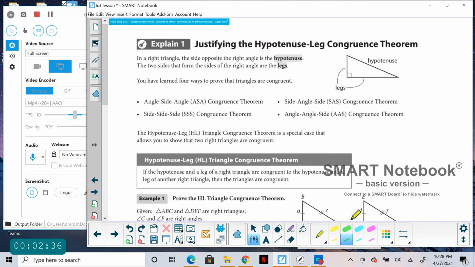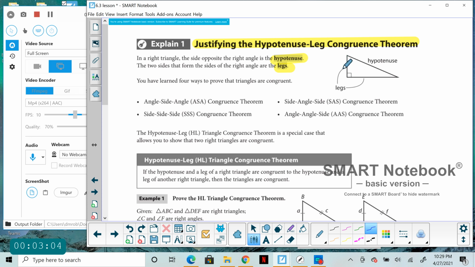So we have the hypotenuse leg congruence theorem, and in a right triangle we have special names for the sides of our triangle. When it's a right triangle, you have the little square in the corner showing that that's a 90-degree angle.